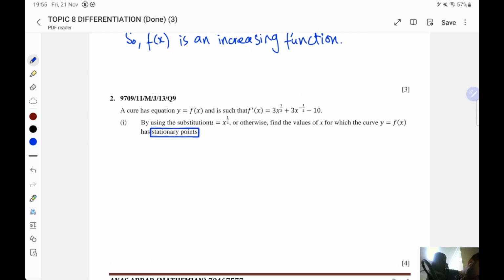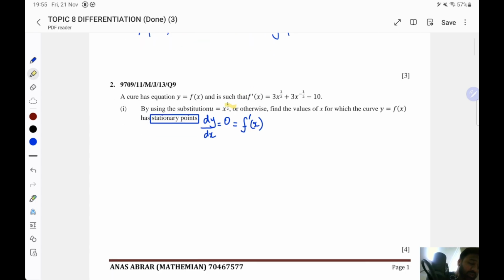I hope you remember from IGCSE that stationary points are those points where the derivative or the gradient of the curve is 0. So you can say that dy by dx is 0, or f dash of x is 0. All you need to do is make the substitution u equals square root of x.